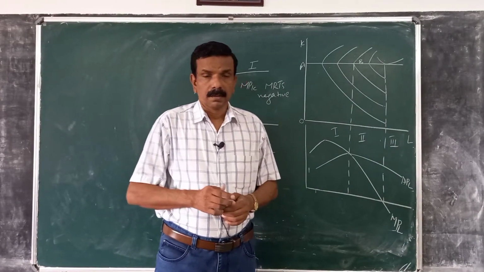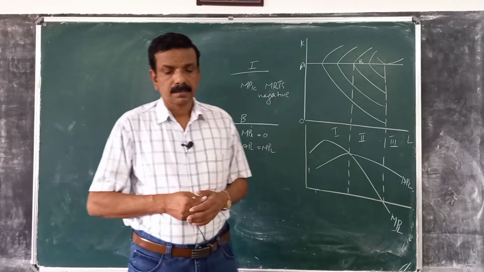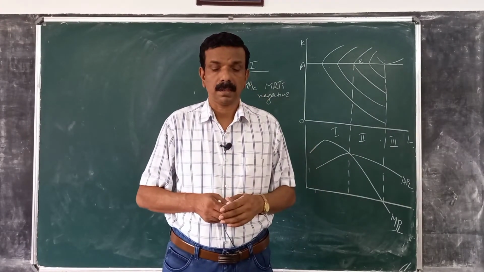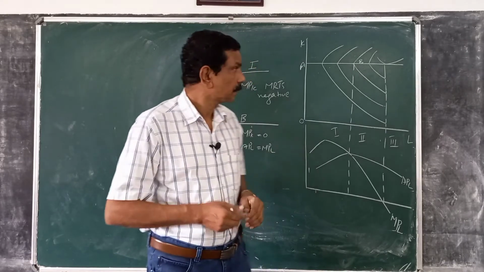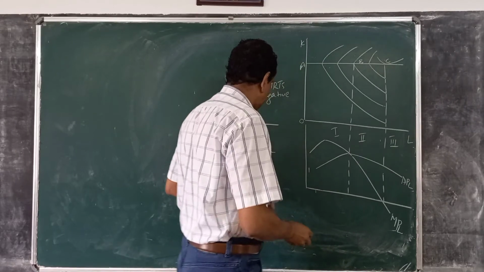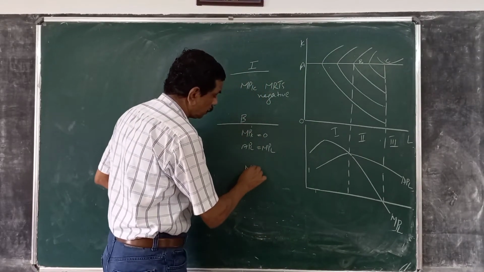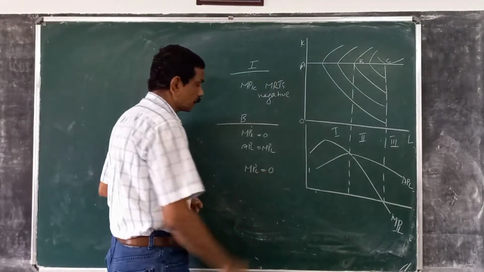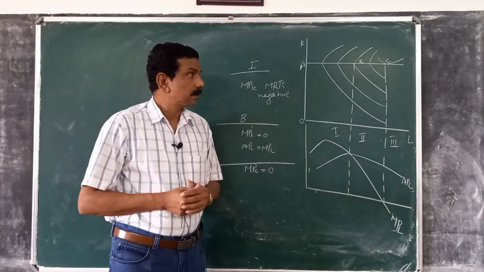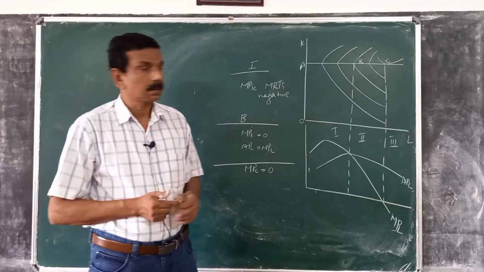Then, in the third stage, isoquants are strictly convex and negatively sloped. At point C, we know that MPL is equal to 0.